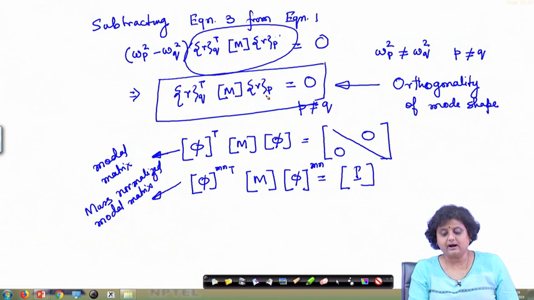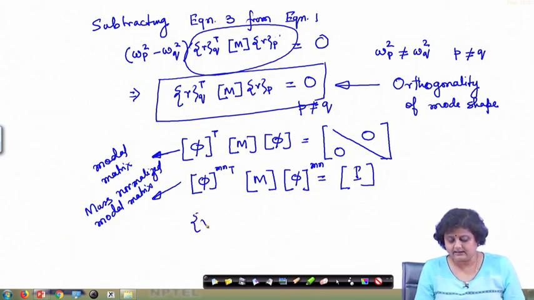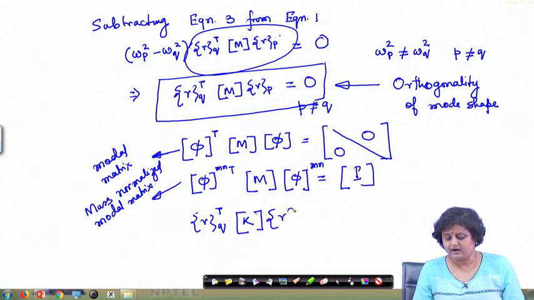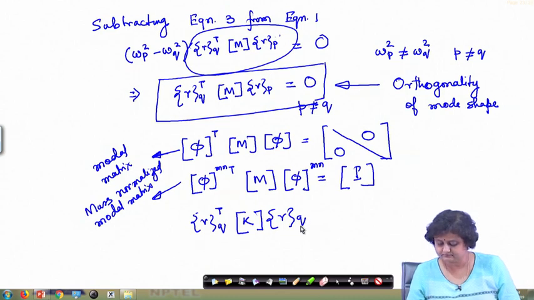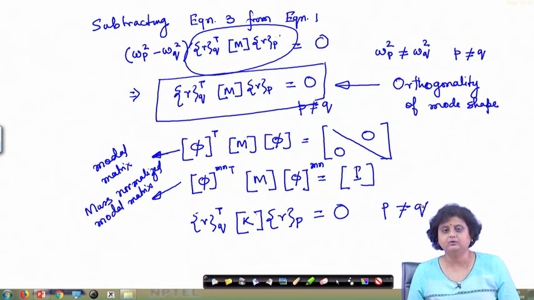So, a direct derivative of this expression is that R q transpose into the stiffness matrix K into R p is also equal to 0 when p is not equal to q.